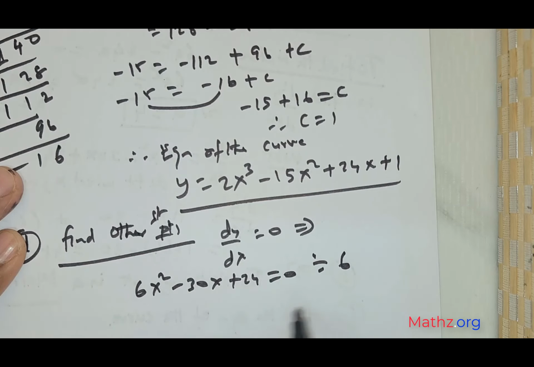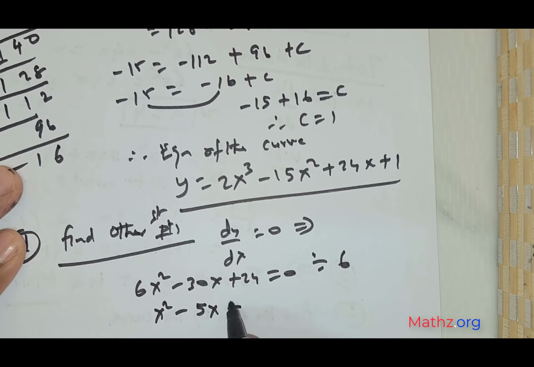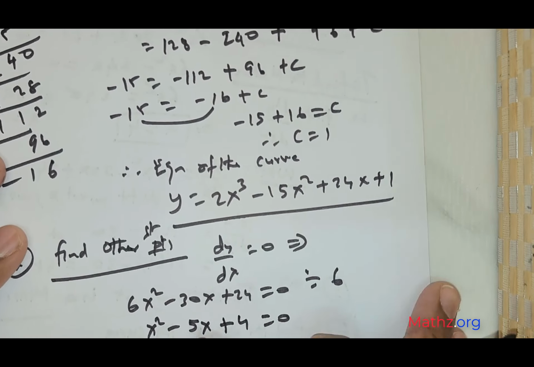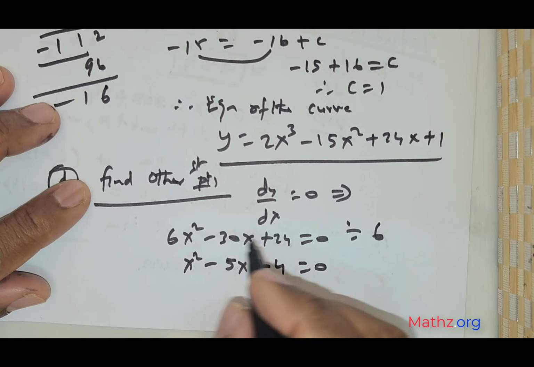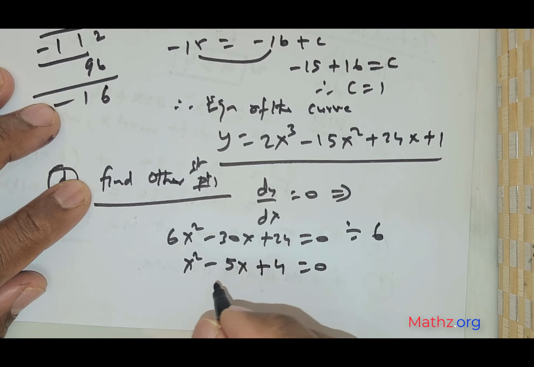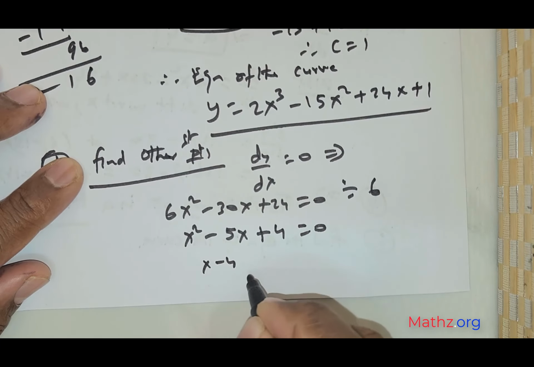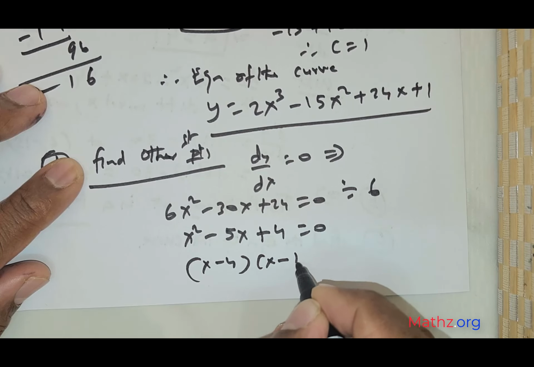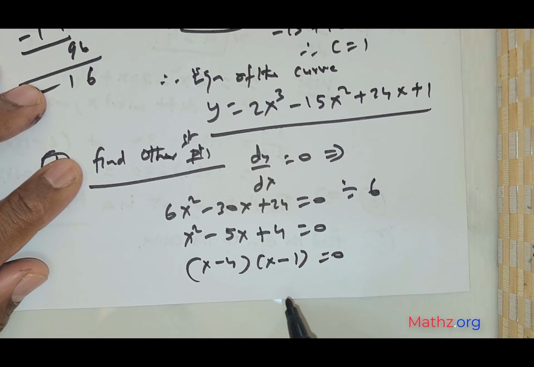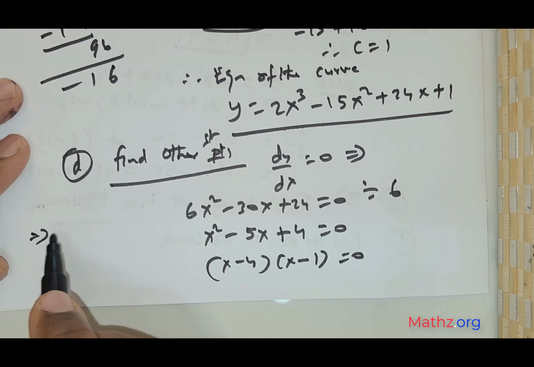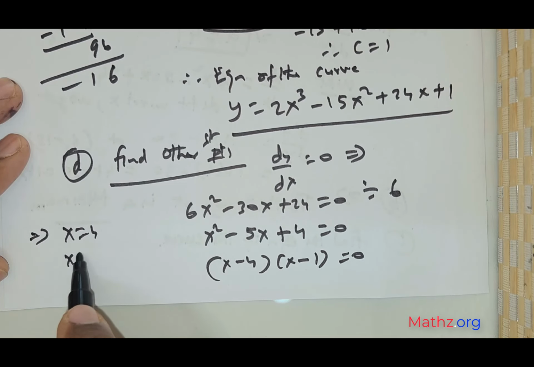I divide by 6 throughout. I get x squared negative 5 times x positive 4 is equal to 0. Now this is nothing but x negative 4 and x negative 1 is equal to 0. So this means x is equal to 4 and x is equal to 1.